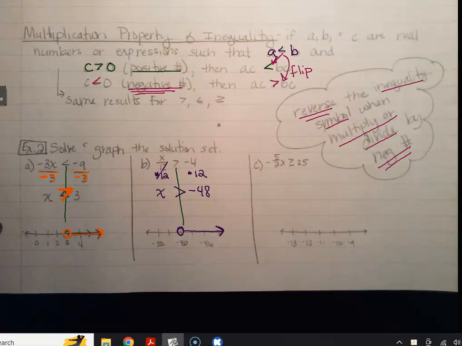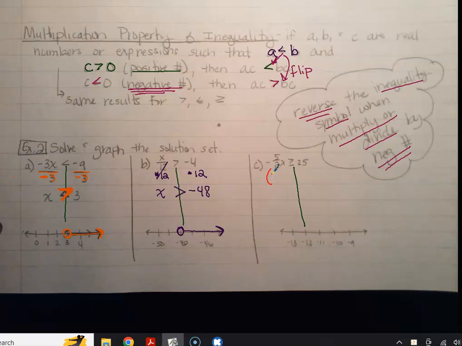All right, last one. Let me divide it in half here. I have negative 5 halves x is greater than or equal to 25. Well, we can multiply by the reciprocal. Remember, when we have a fraction, we multiply by the reciprocal.